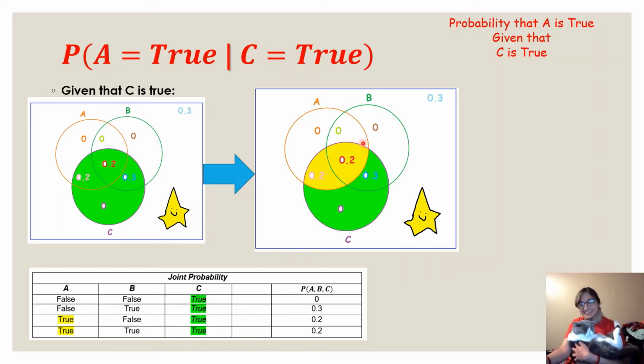Now if C is true, then A being true is this yellow part here. That's the equivalent of us looking where C is true and then seeing when A is true. So these two are the rows, 0.2 and 0.2. So this part here is 0.4.